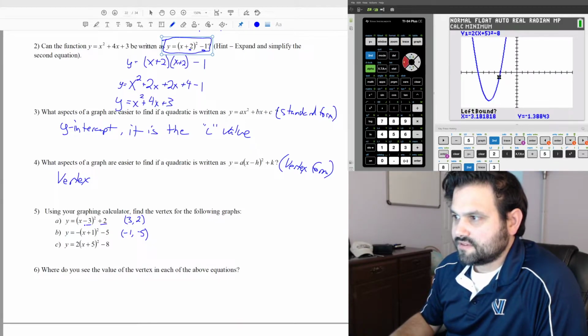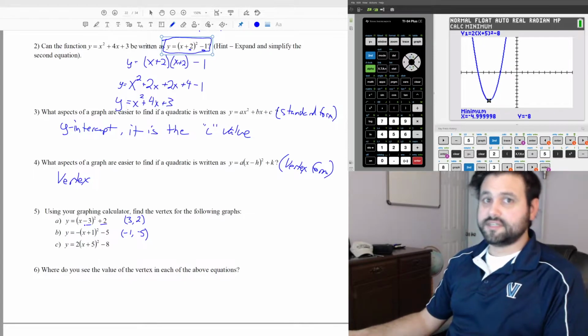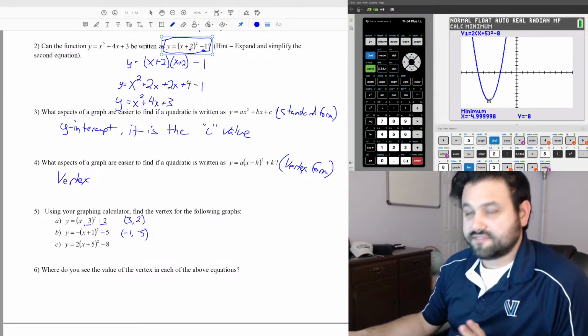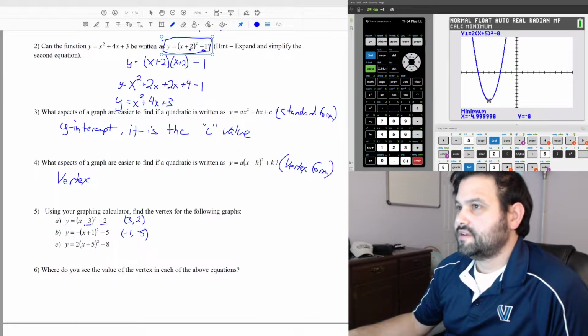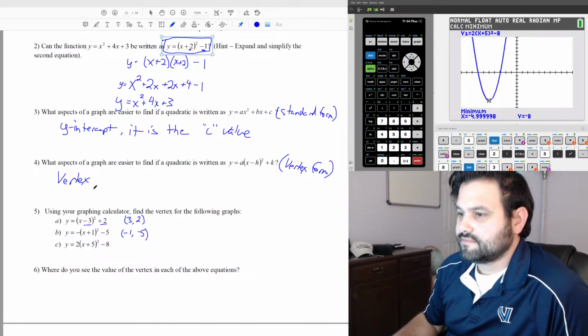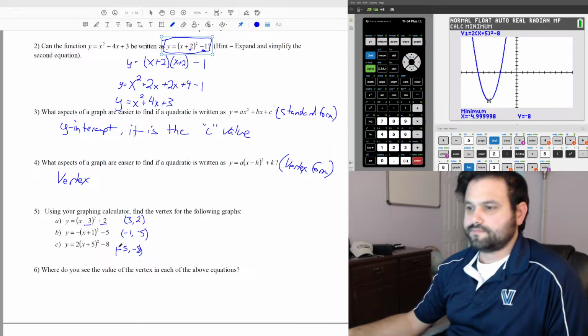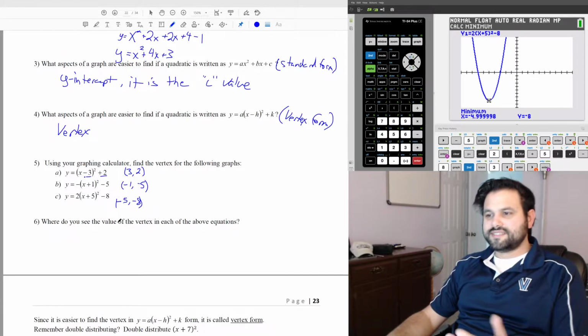Let's go to the left. Let's go to the right. Okay, now here's another rounding mistake again. -4.999999. That's -5. So -5, -8 is the vertex.